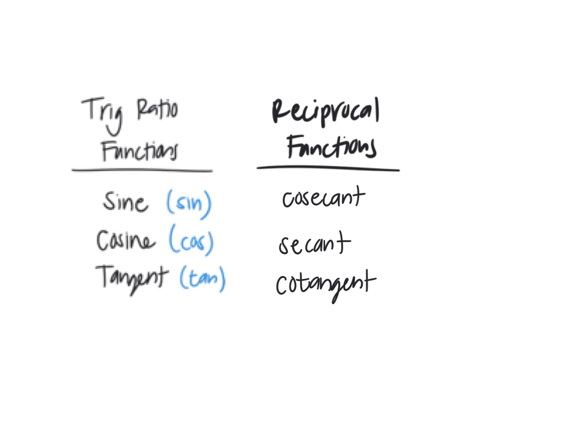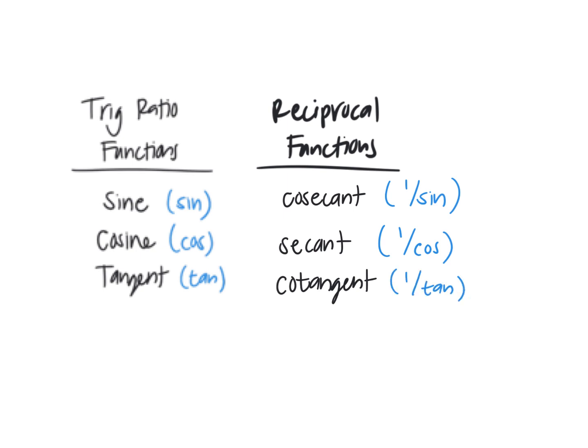On your calculator, I don't know if there's a button that allows you to do this. So technically, on your calculator it would be 1 over sine to find cosecant. To find secant, it would be 1 over cosine of whatever you're finding, and cotangent would be 1 over tangent.